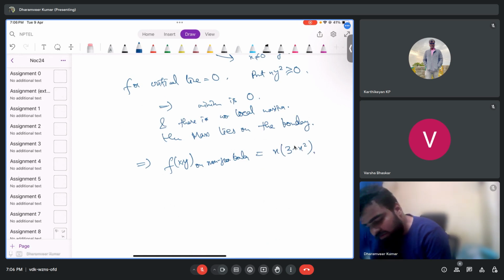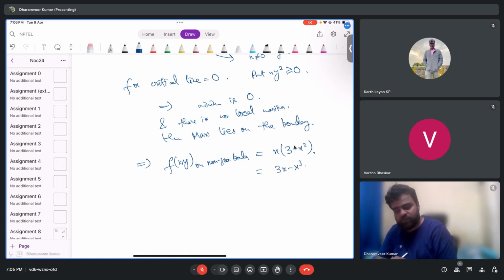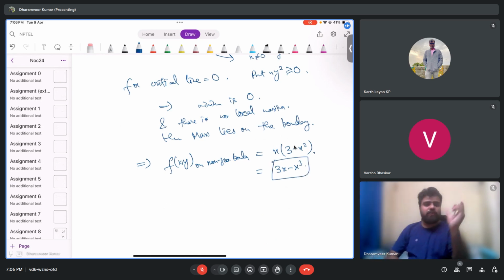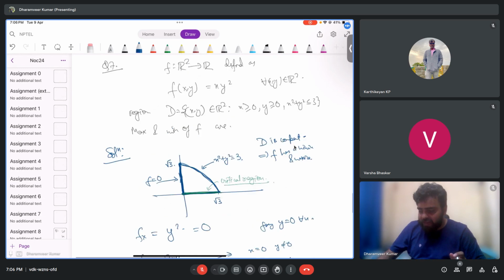Okay, what is this equation? 3x minus x cube. It's a single equation, you have to find on this line where the maximum is.